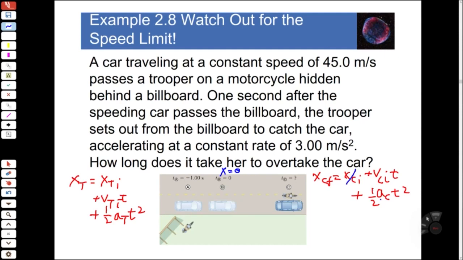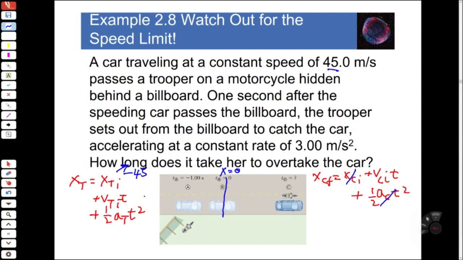But the trooper starts from an initial position, which is minus 1 second of travel behind, so it tries to catch up with the car. The car speed is 45, so this should be minus 45. Okay, so this is x equals 0.